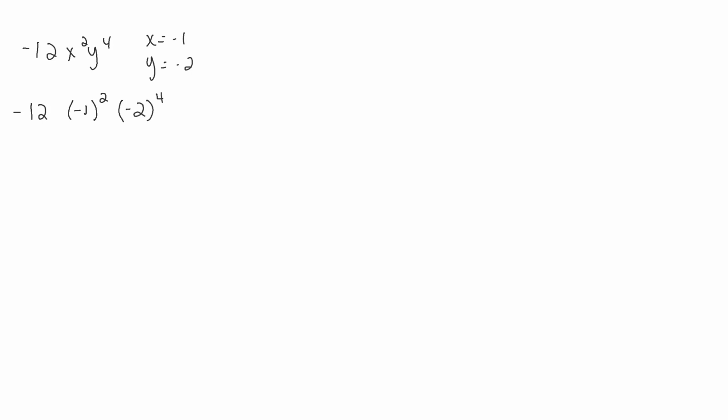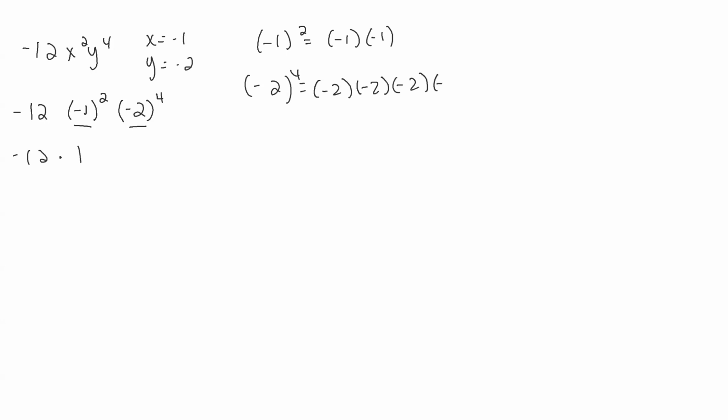So let's do a little side work here for negative 1 squared and negative 2 to the 4th. So negative 1 squared, I get negative 1 times itself twice. 2 negatives make a positive, so this is going to be negative 12 times positive 1. Now, negative 2 to the 4th is going to be negative 2 times itself 4 times.